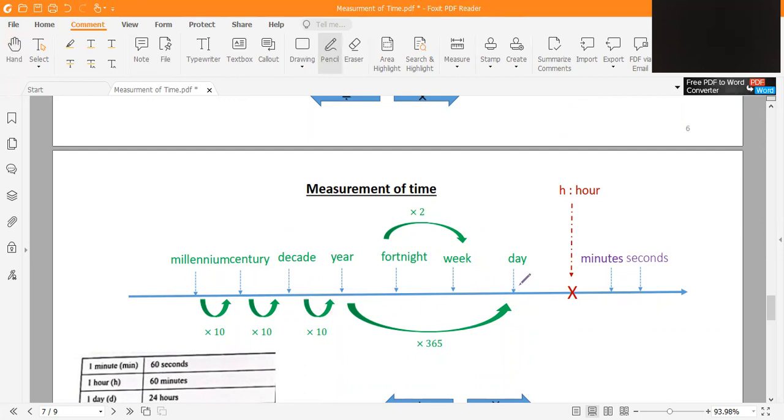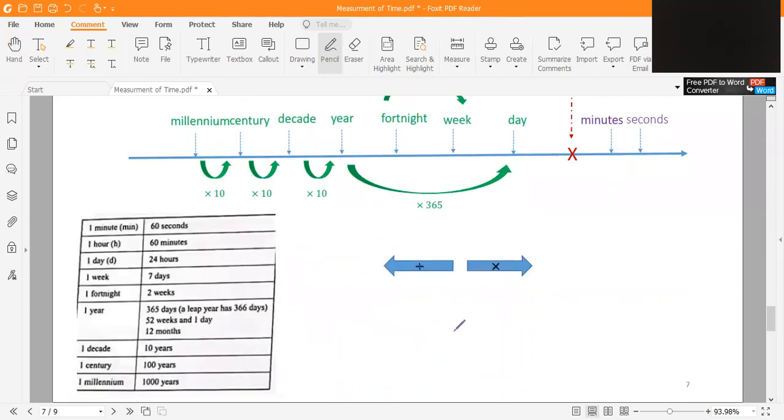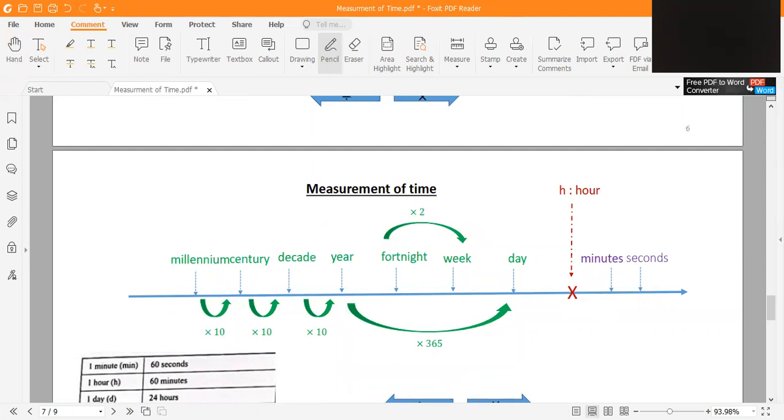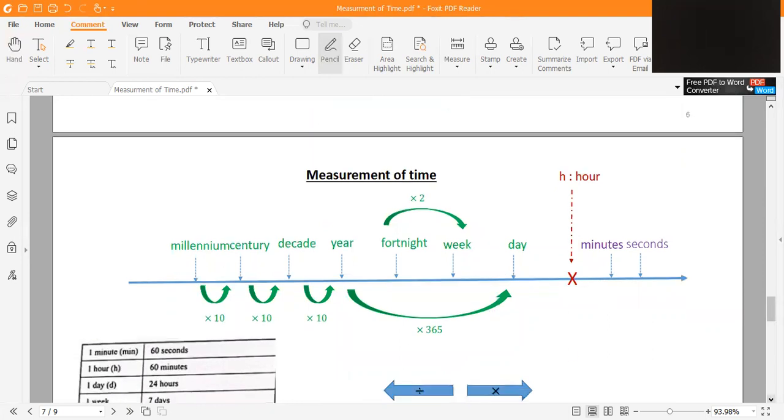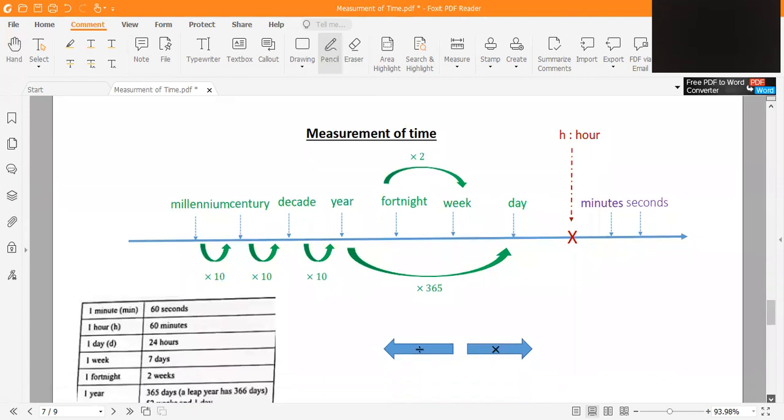For units of time bigger than a day, we have week, then fortnight, year, decade, century and millennium. The scales are radically different. From millennium to century to decade to year, we multiply each step by 10.